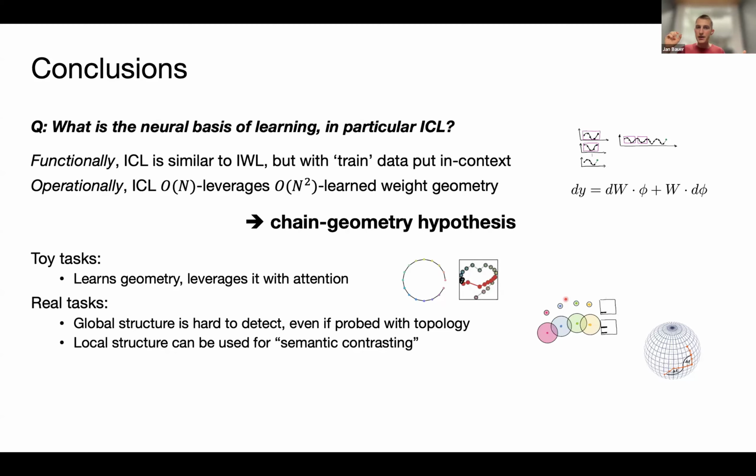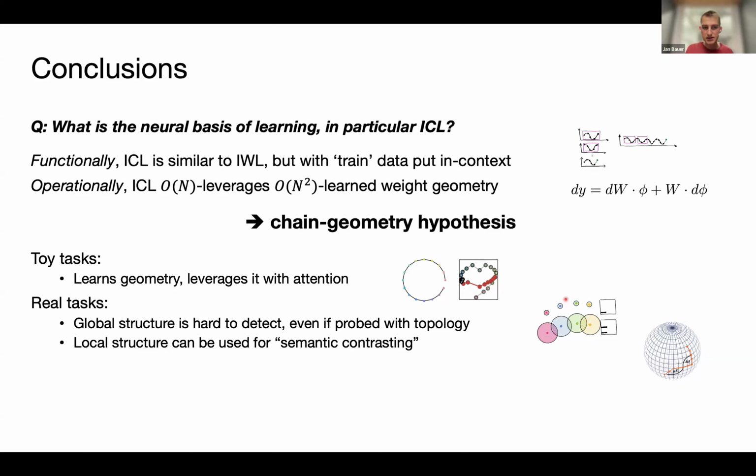And then in-context learning, at least this was the hypothesis, would be able to leverage this learned geometry, right? Think back to the XOR task where we needed in-weight learning to disentangle the initially tangled input space and then work on from there. So these intuitions gave rise to this chain geometry hypothesis, which we then went on to test.